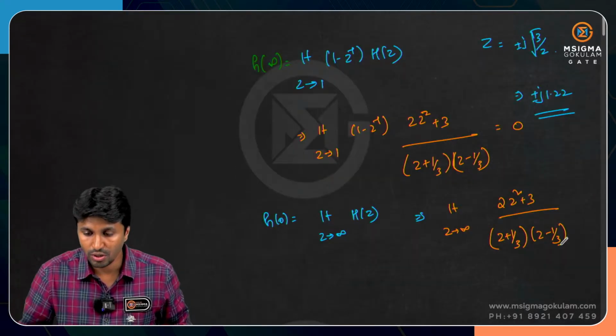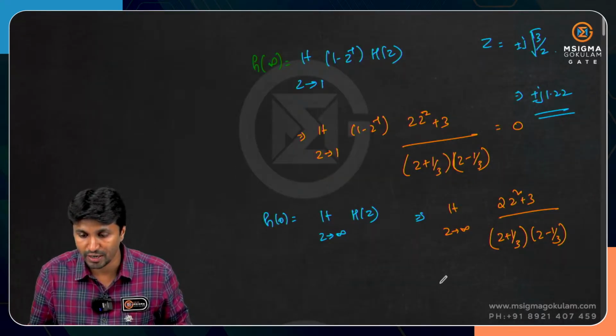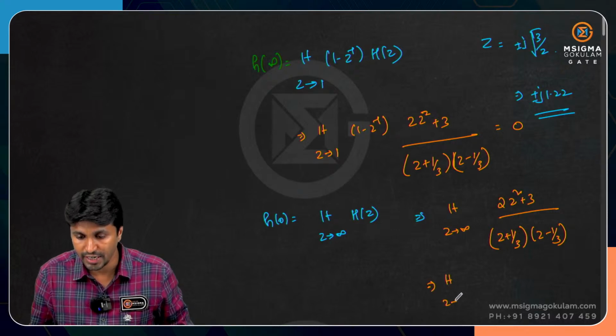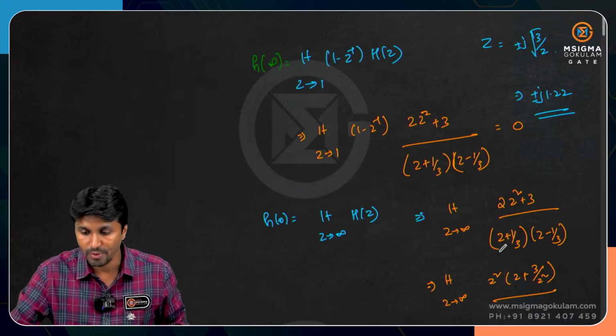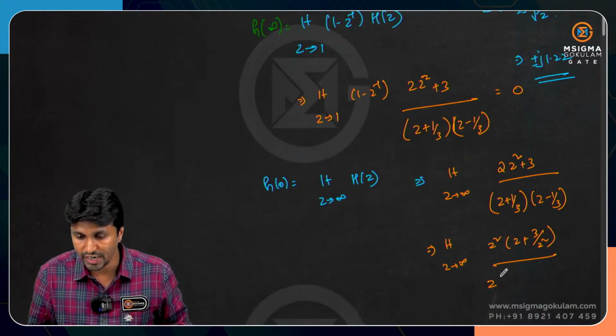If you take z square common from the numerator, we are left with z square into (2 plus 3 by z square), and in the denominator we can take z common from each of the terms.